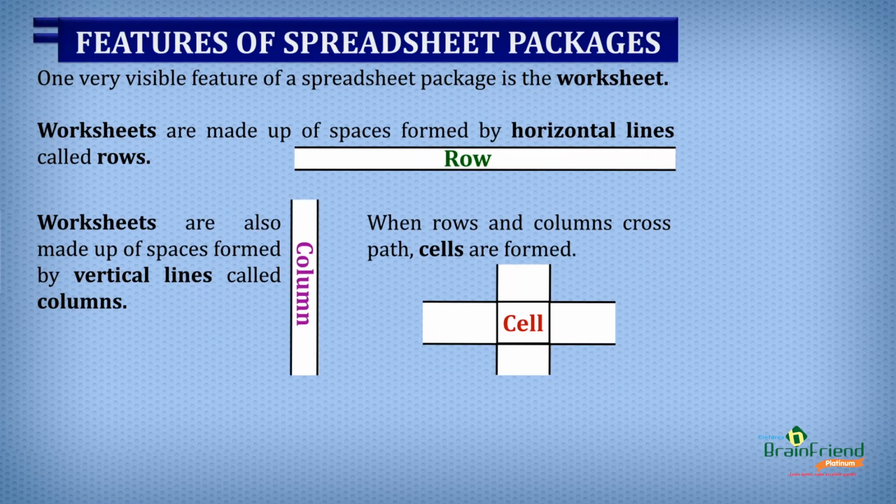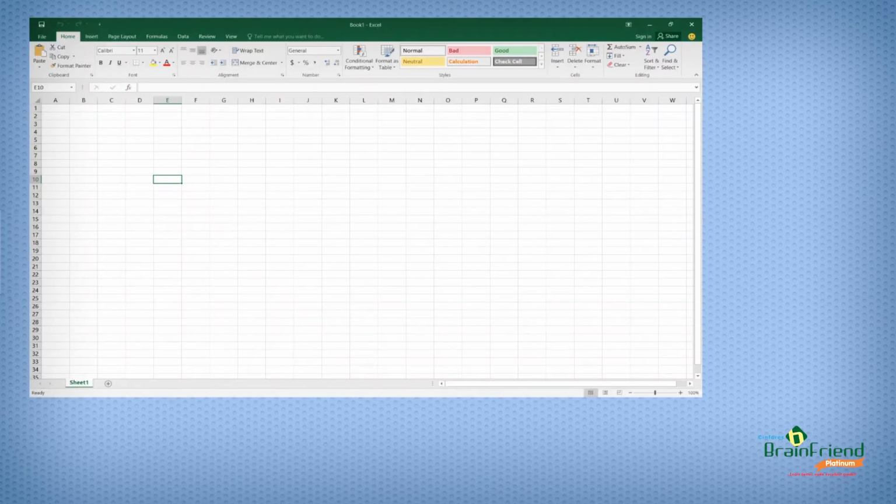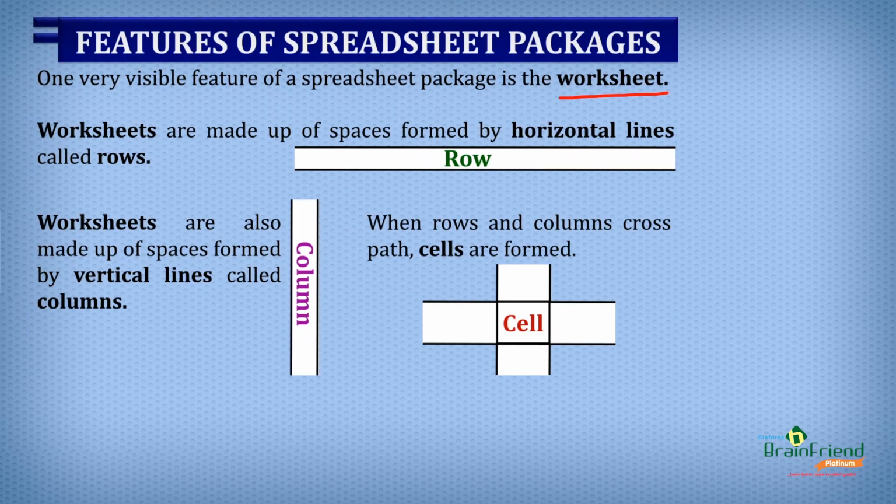One very visible feature you'll see in Microsoft Excel is the worksheet. This entire window you see here is a worksheet. And worksheets are made up of spaces formed by horizontal lines. These spaces are called rows.